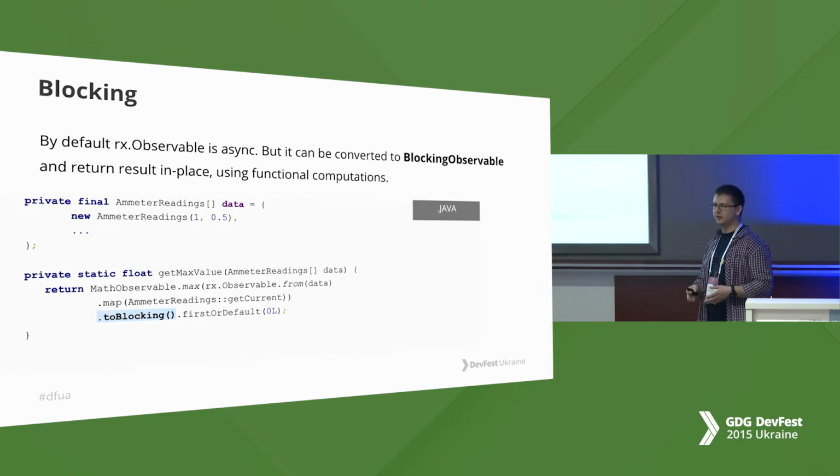We also can use blocking observable, that is part of standard RxJava, and we can just use such an operator as toBlocking. And we will receive some first value, for example, or default value.